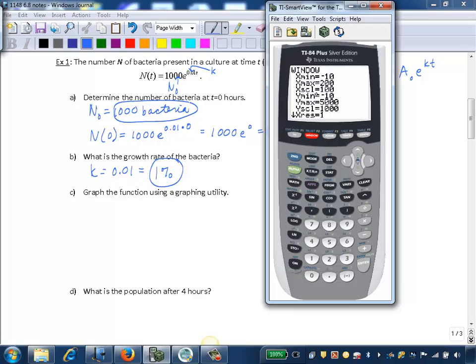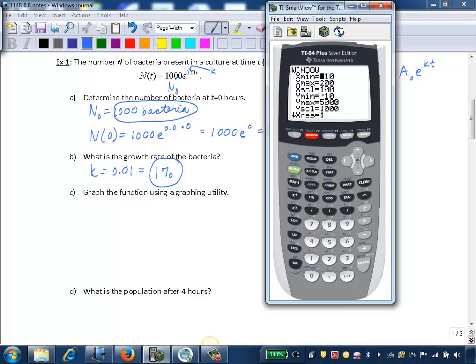Now the y value in this problem is the n. So that's our number of bacteria in the culture. So again, this can't be negative, but since we're talking about large amounts here, we're starting with 1000. I'm going just a little bit outside the positive values. Instead of 0 and greater than 0, I'm just going to start at -10 to give myself a little bit better view of the axes.